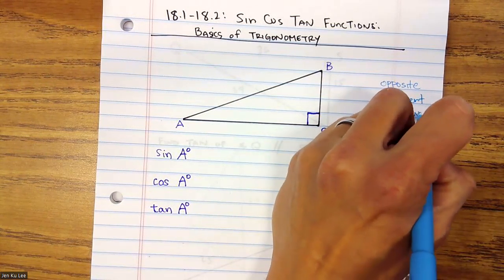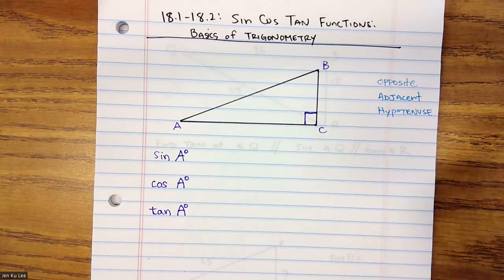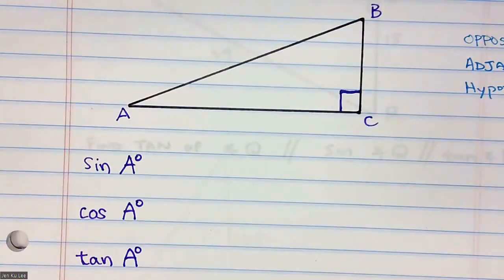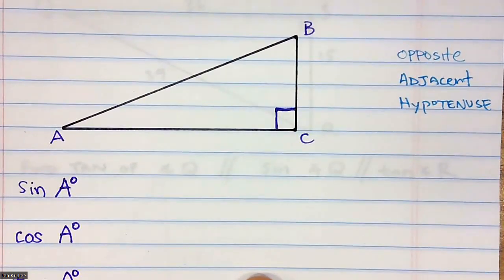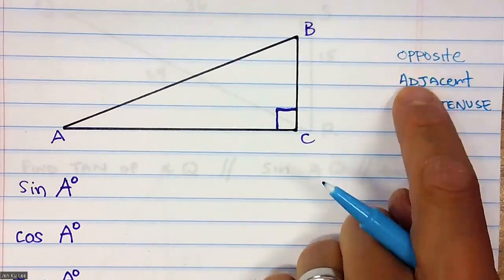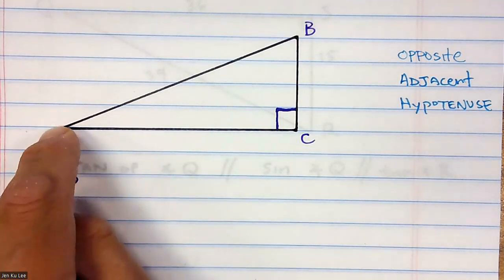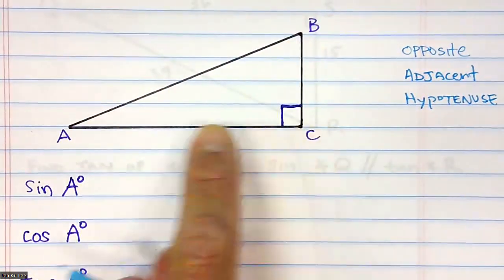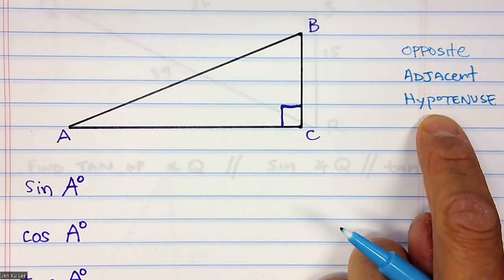Okay, these will always be your labeling. They will change next year or when you get deeper into trig functions. But for now, for the basics, these are your three labels of the sides. So side AB, side BC, or side AC, which one is my hypotenuse?